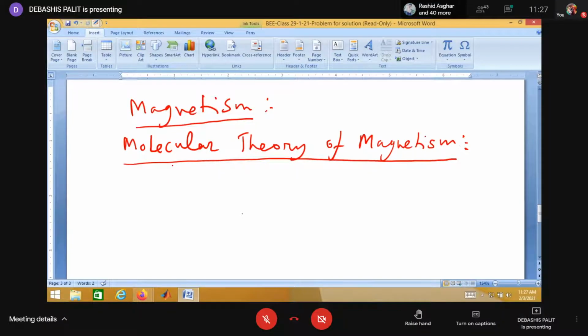But in some materials we experience magnetism, and in some materials we don't experience magnetism. The molecular theory of magnetism explains this by the orientations of the Weber elements. Sometimes these orientations are random, then you cannot experience magnetism.